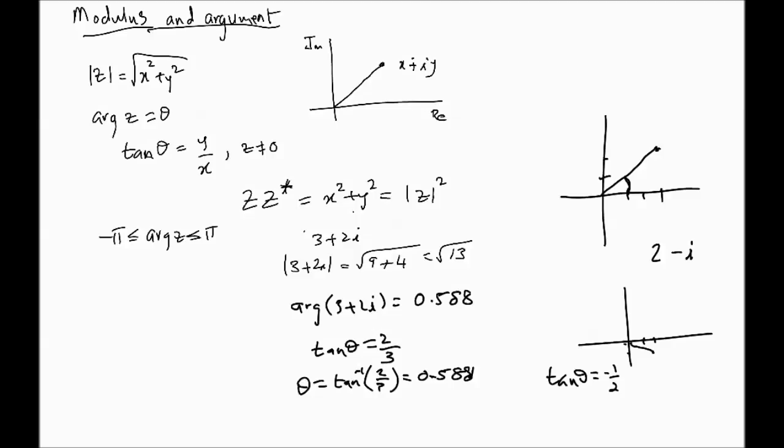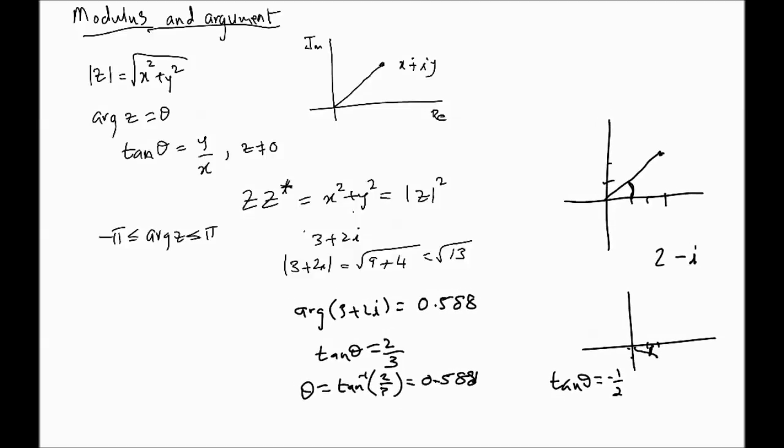Taking the inverse, theta comes to negative 0.464 radians. You can see the angle is this angle here.